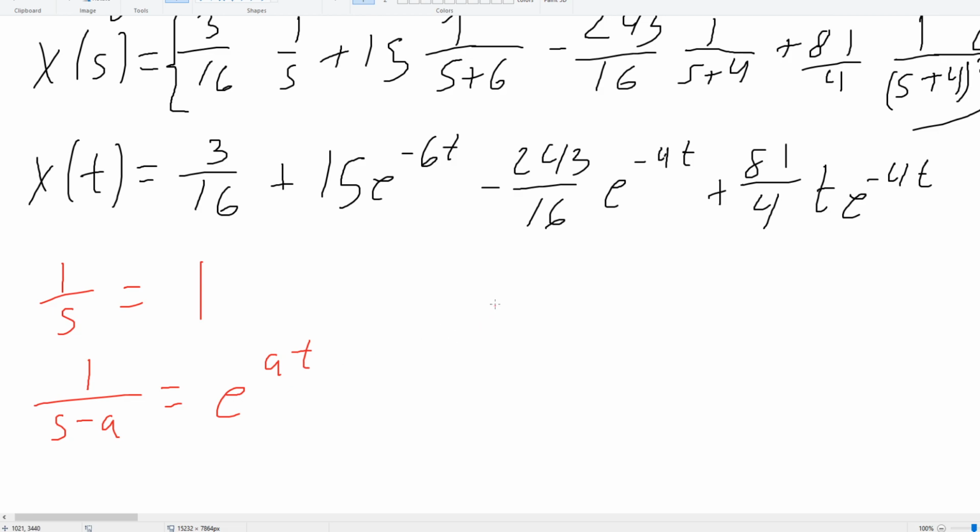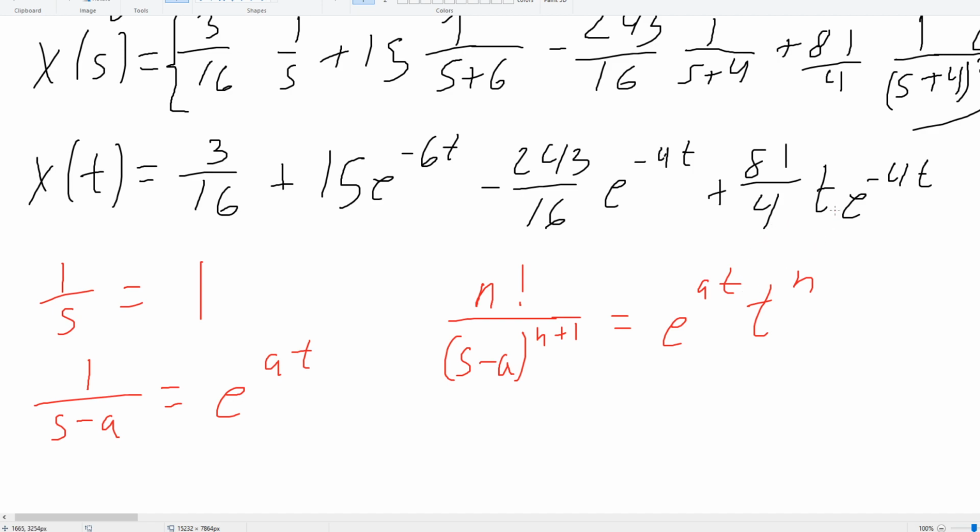And then if you have n factorial over s minus a to the n plus 1, this is equal to t to the n e to the at.